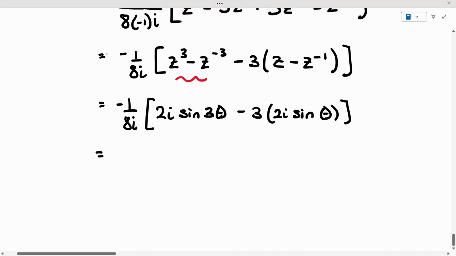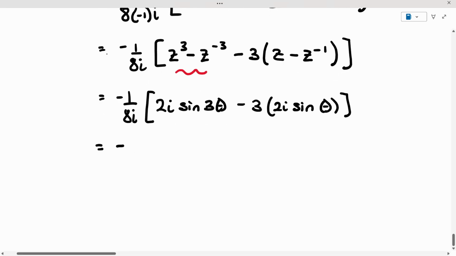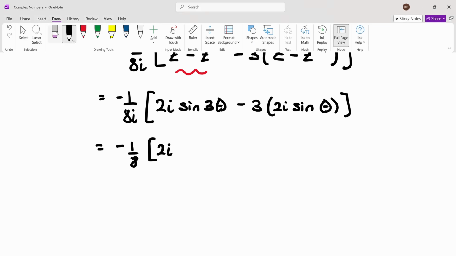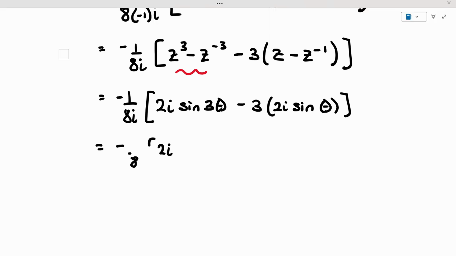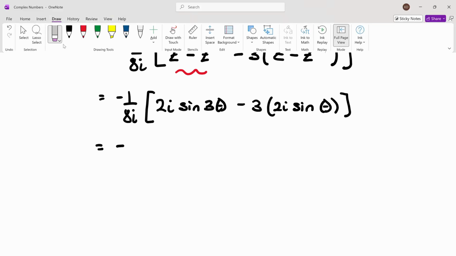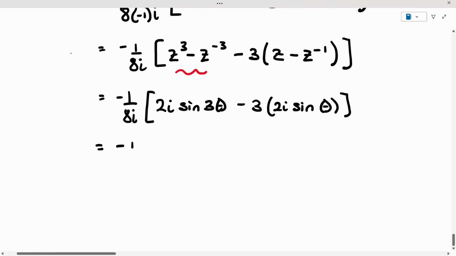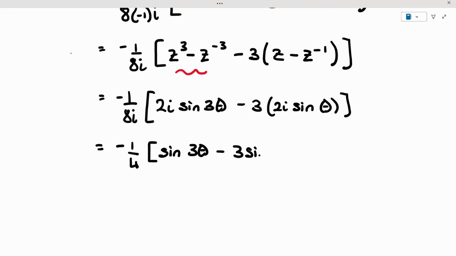And now we can divide throughout by i. Oh, sorry, we could actually divide throughout by 2i. And then we'll be left with 4 on the bottom. So we're left with minus 1 over 4 times (sine 3 theta minus 3 sine theta). Right?